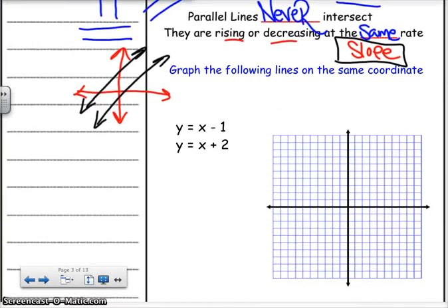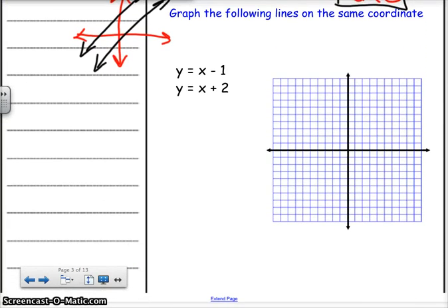On this little coordinate plane, I want you to graph these two lines and identify if they're equal or parallel, okay? Remember, this is slope-intercept, so this is the y-intercept, and the slope is really 1 over 1. So I'm going to graph this.